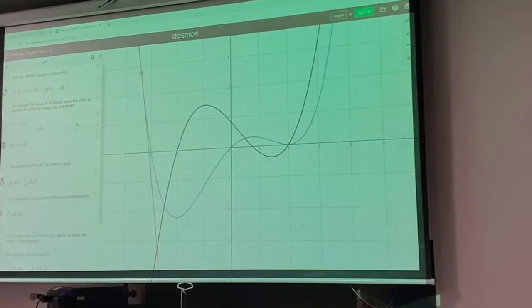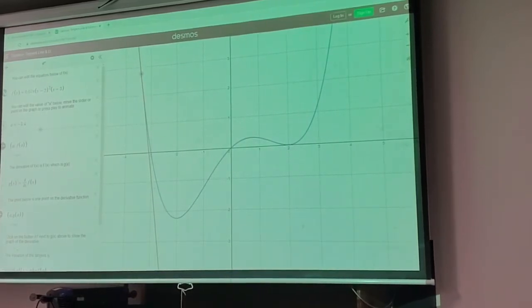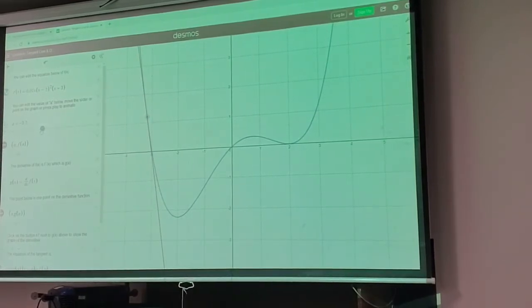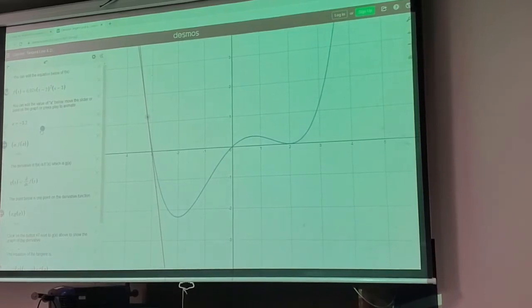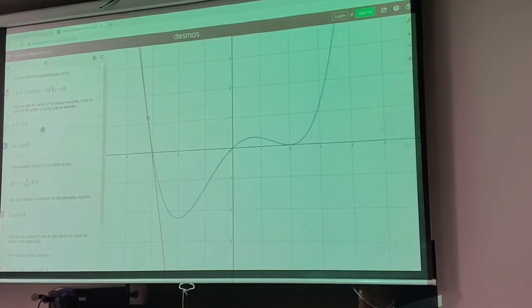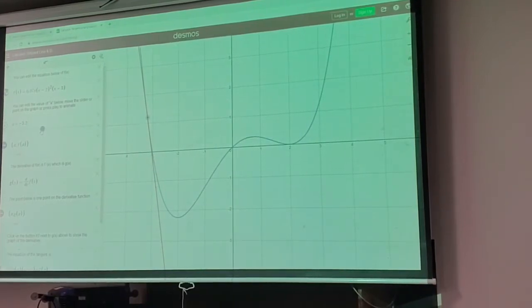Okay, now we're going to talk about the next level of this. Let me take that derivative away. Now what I want you to do is to consider this. The derivative tells me what the function is doing, right? If the derivative is big positive, the function has got a huge positive slope, yes? If the derivative is small positive, then it's got a small positive slope, and so forth.